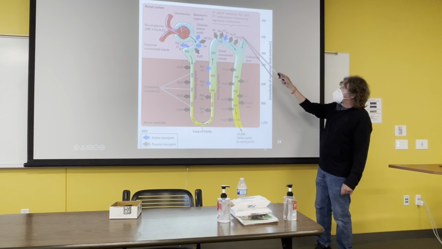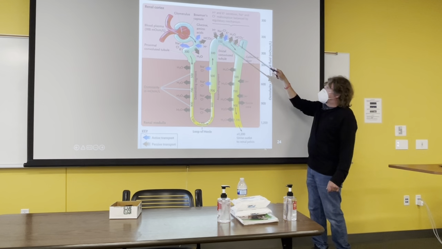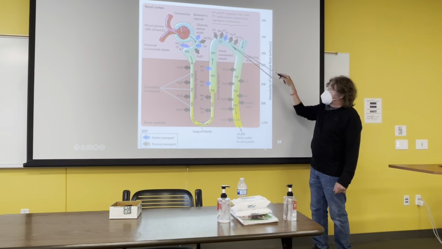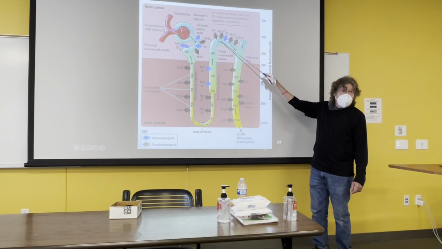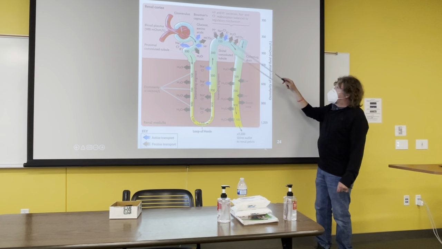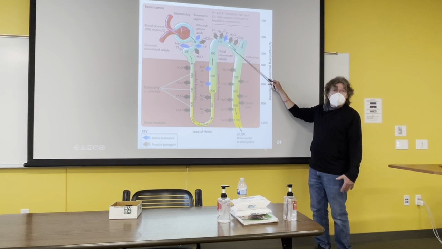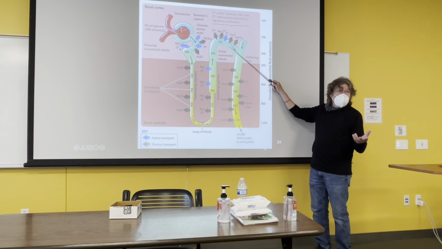Now it puts up here bicarbonate, and of course hydrogen ion can be put in. Sodium chloride, there's a lot of sodium chloride transporters up here. And once again, that's active transport being transported out. But this is also where other minerals such as phosphorus, magnesium, calcium is adjusted as well.